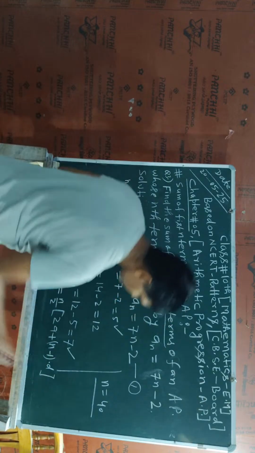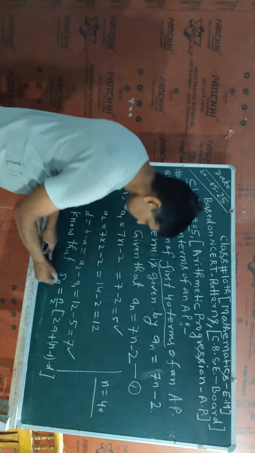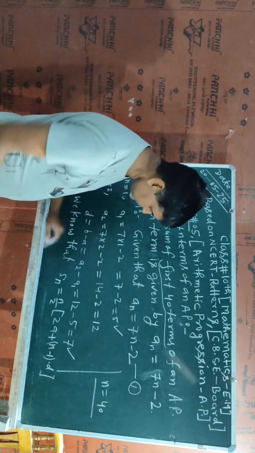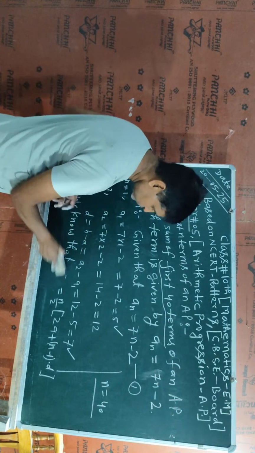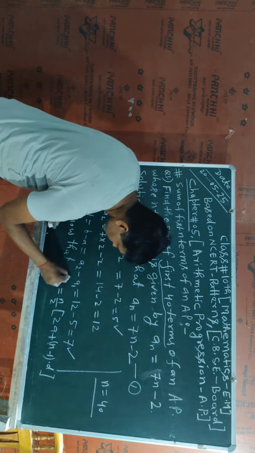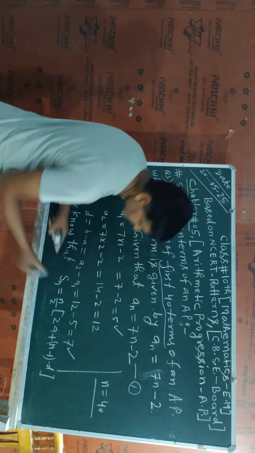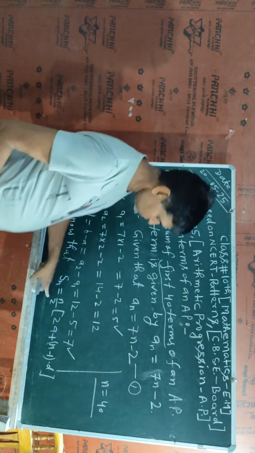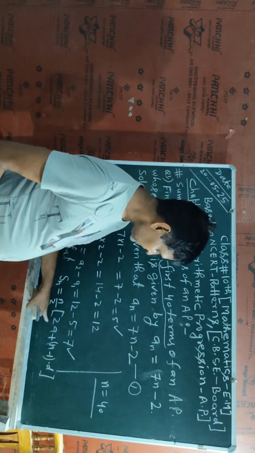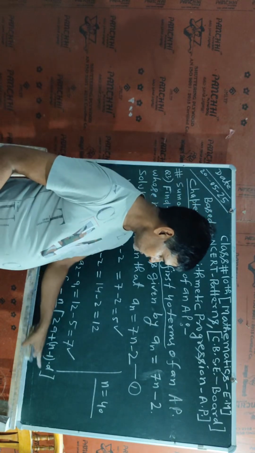Okay, students, here I have written Sn. So clearly I will write, so that any student will not get any confusion. This is very easy. Sn is equal to n by 2, in the bracket 2a plus n minus 1 into d.